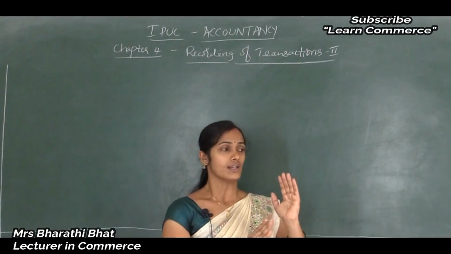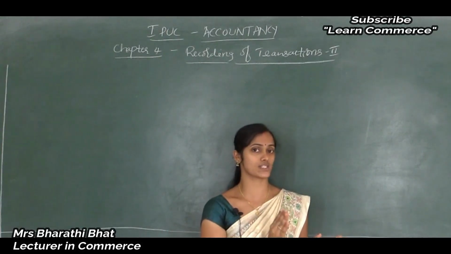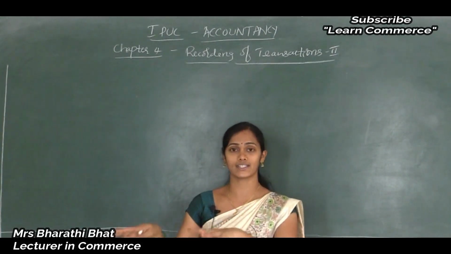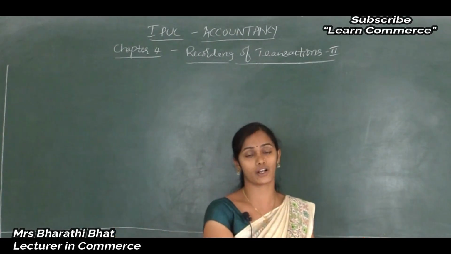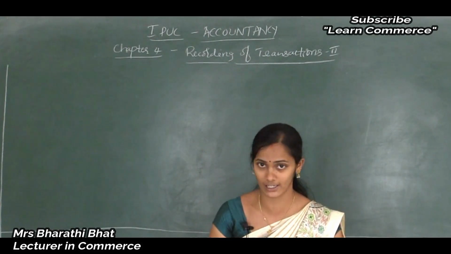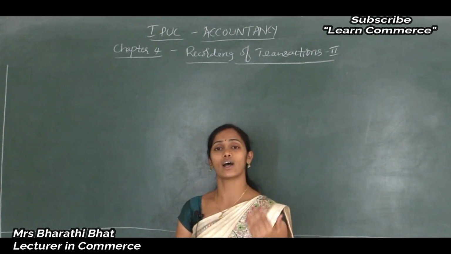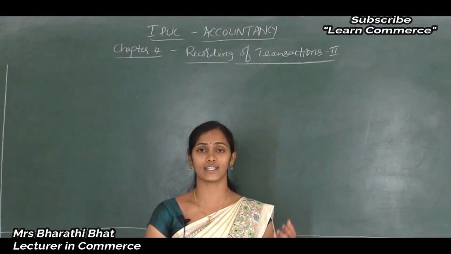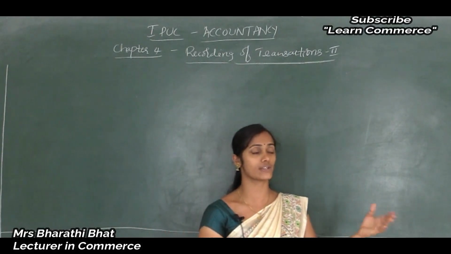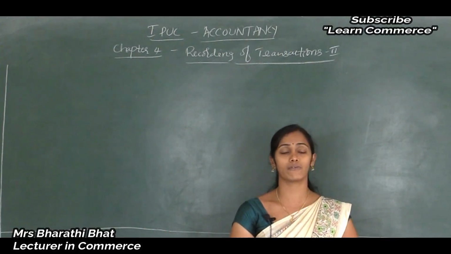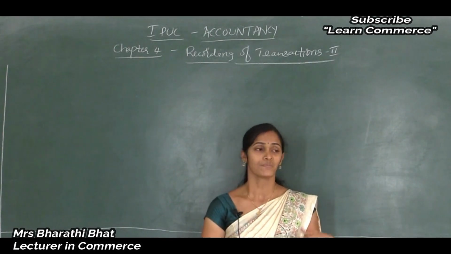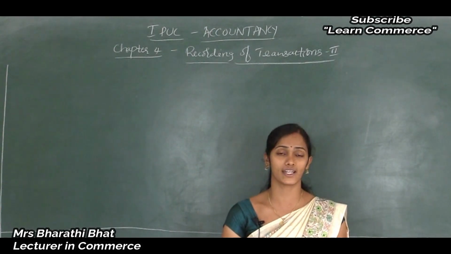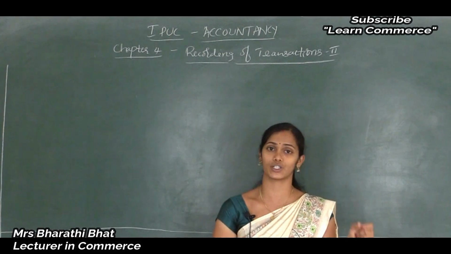Okay, so this chapter relates to subsidiary books, how to maintain subsidiary books instead of recording all the transactions in the journal book, right? A large organization usually maintains subsidiary books instead of the journal book, because when the number of transactions is large, it is difficult to record each and every transaction in the journal.